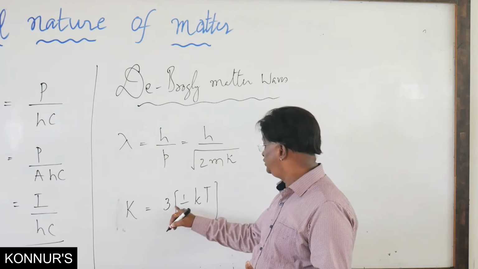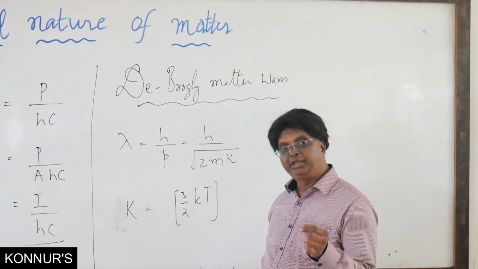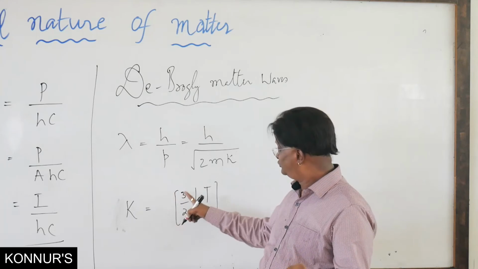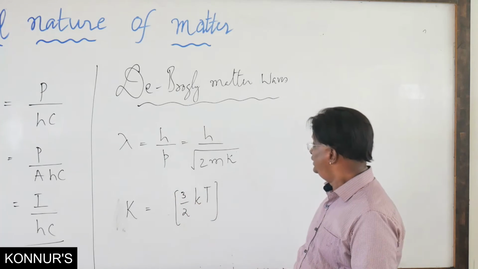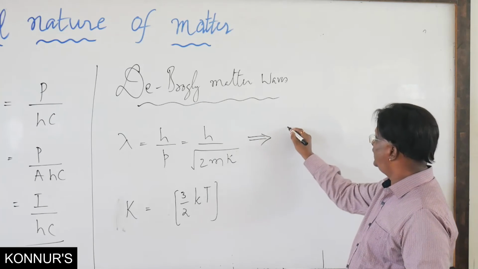Therefore, K is equal to 3 times half kT, that is half kT per degree of freedom. A gas molecule has 3 degrees of freedom, multiplied with 3. So 3 by 2 kT. If I substitute, what expression will we get?